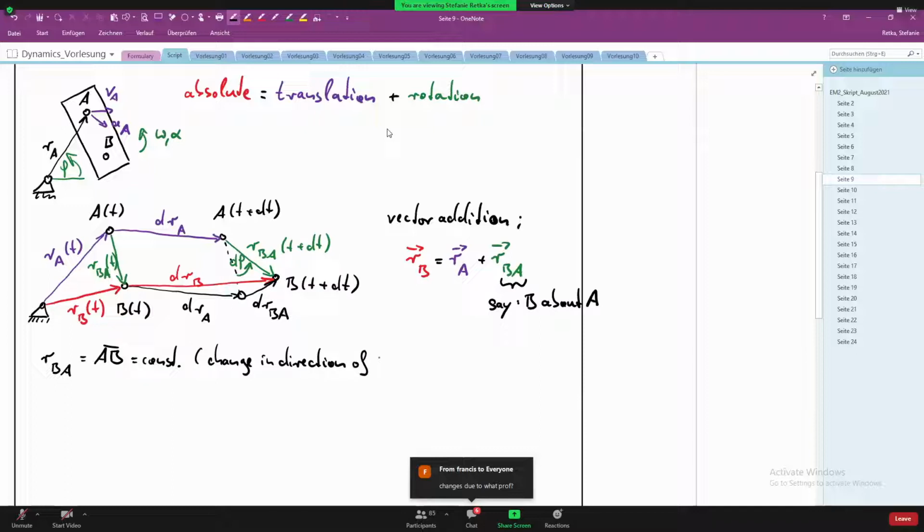Due to the rotation, they change in direction, due to omega and alpha, angular acceleration and angular velocity.